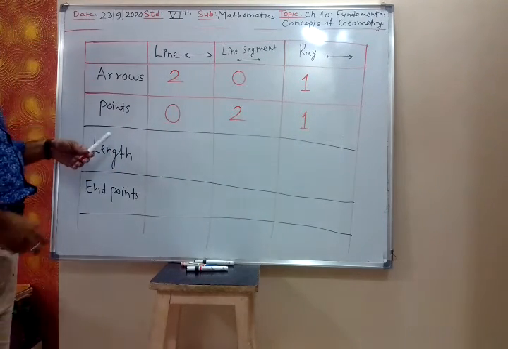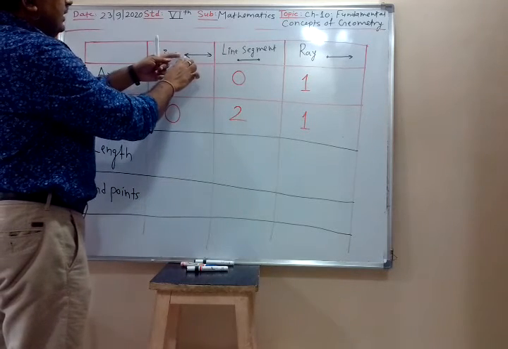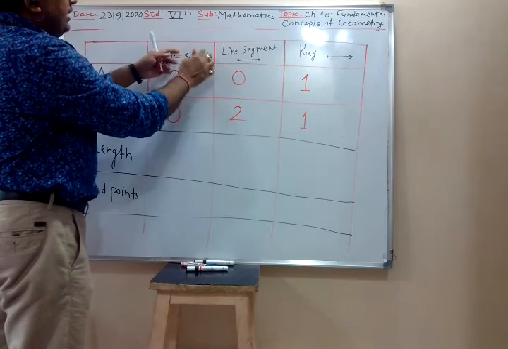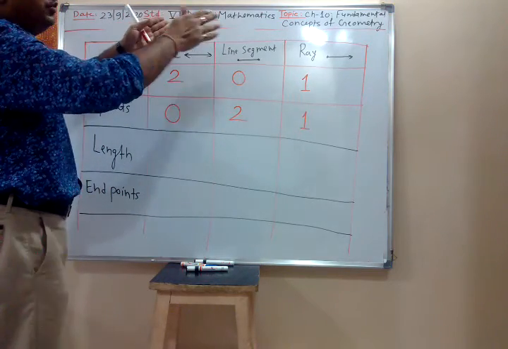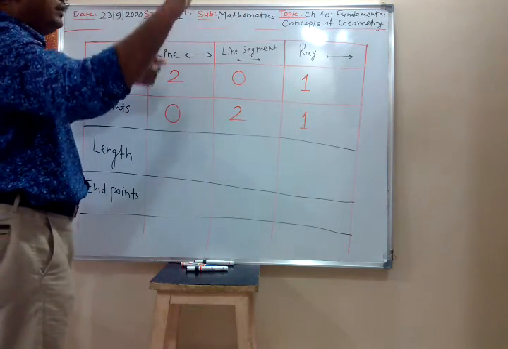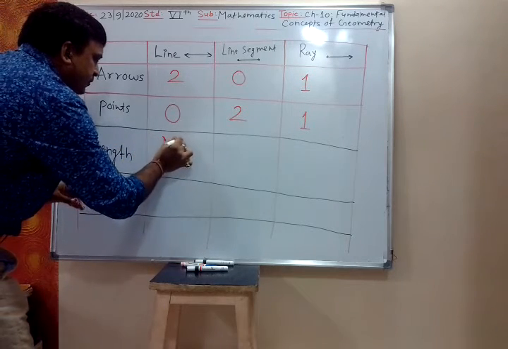Then we talk about length. See, this line has an arrow at both ends, so both ends can be extended. Whenever we extend both ends, the length is not fixed. We write length not fixed, infinite.